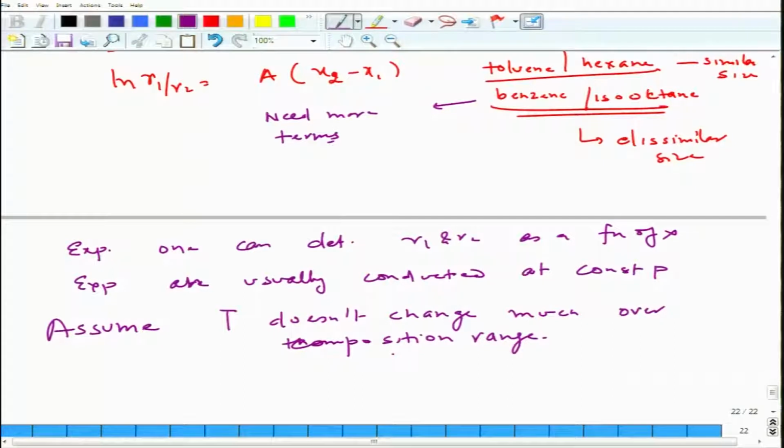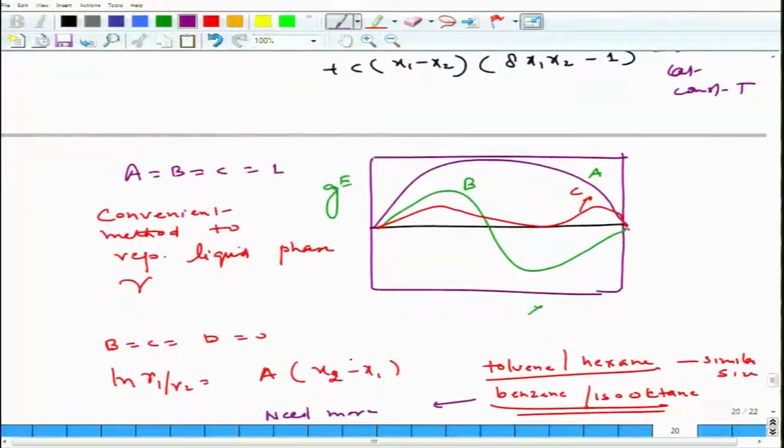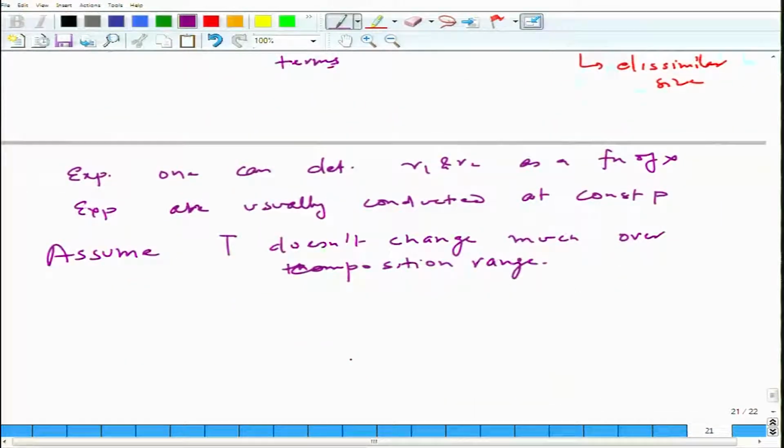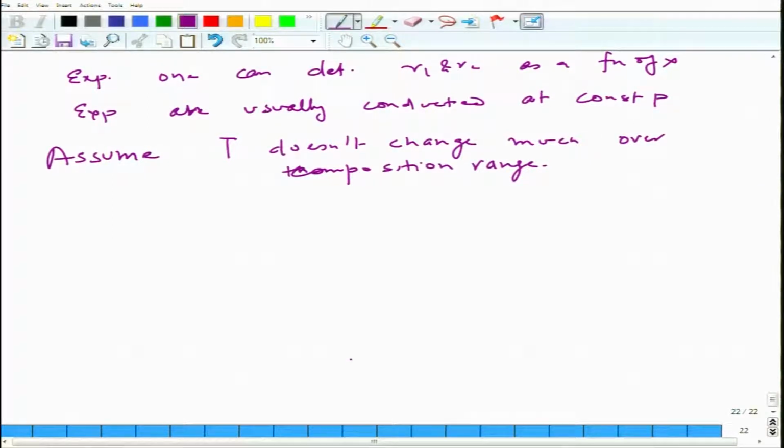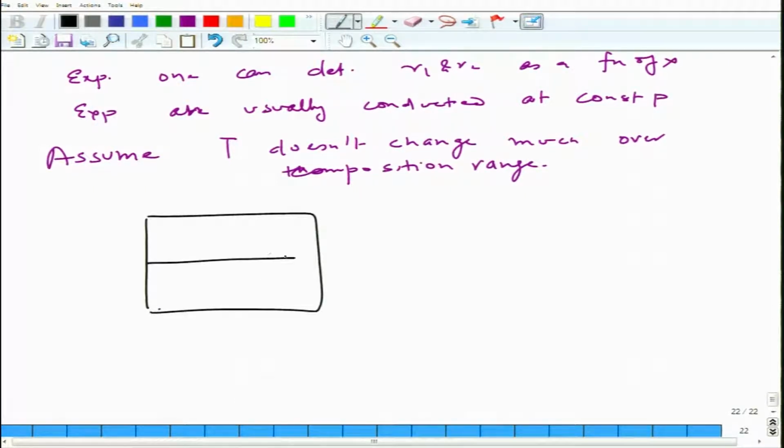Now, let me give you a flavor of A, B, C for different kinds of systems, and how it looks if you plot ln gamma 1 gamma 2. Again this is x1. This is the case of hexane, toluene.